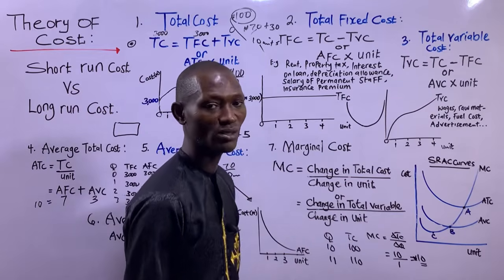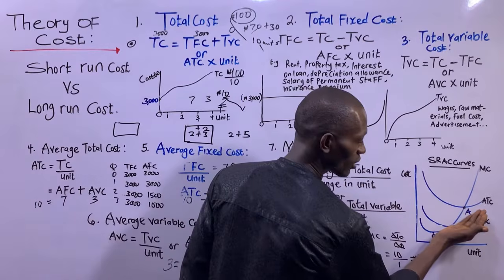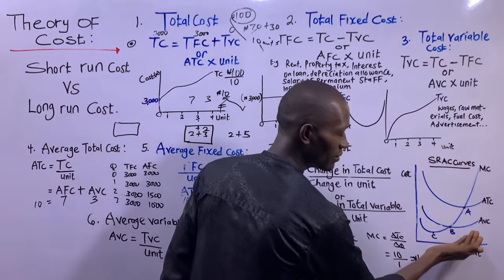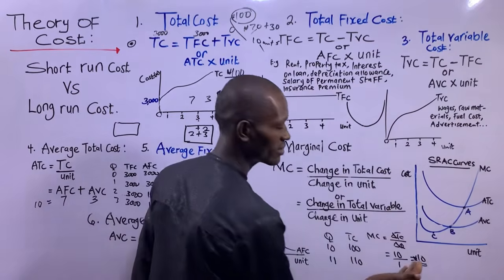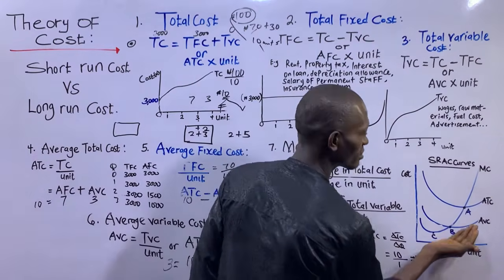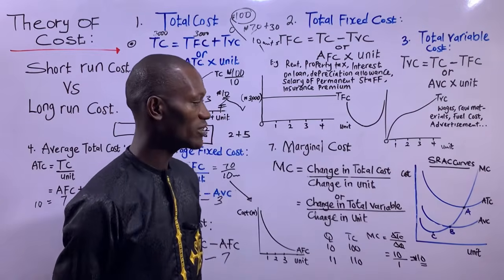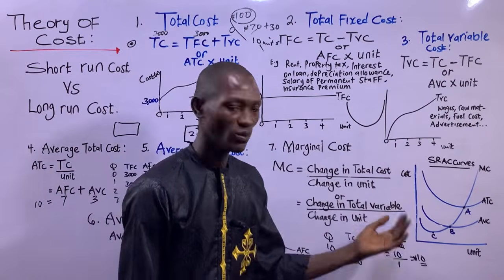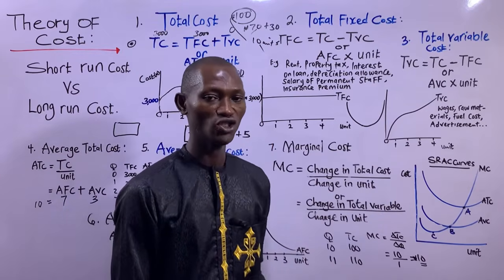And as a result, marginal cost will start rising. Average total cost will start rising, average variable cost will start rising, and you can see marginal cost rising as well. As output rises, marginal cost will also rise. So that's basically the reason why the various average cost curves have a U-shape.